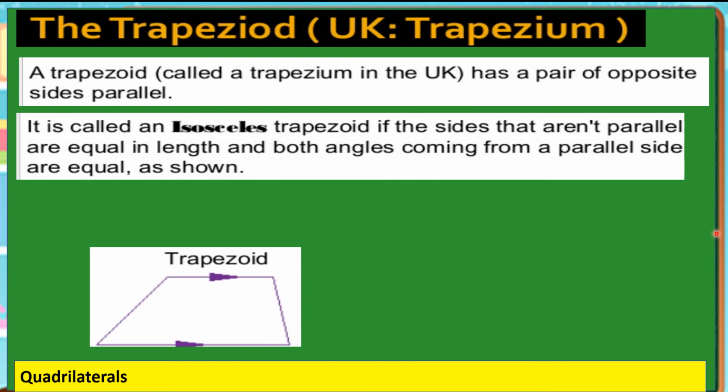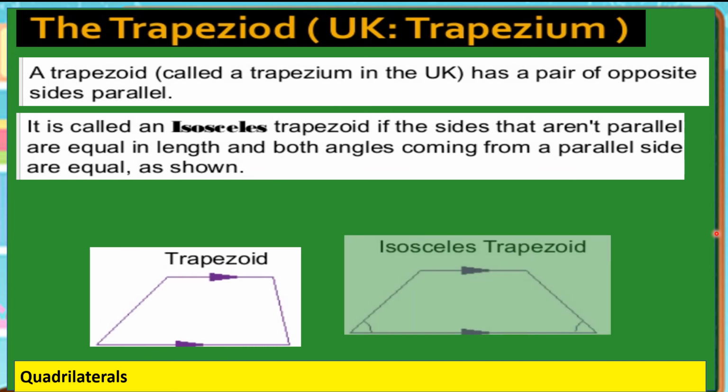Then it is called an isosceles trapezoid if the sides that aren't parallel are equal in length, and both angles coming from the parallel side are equal, as shown.